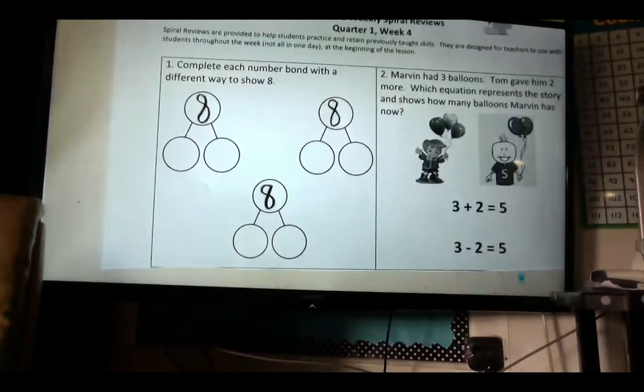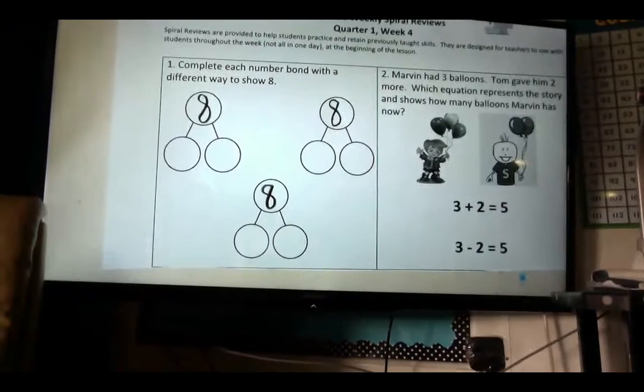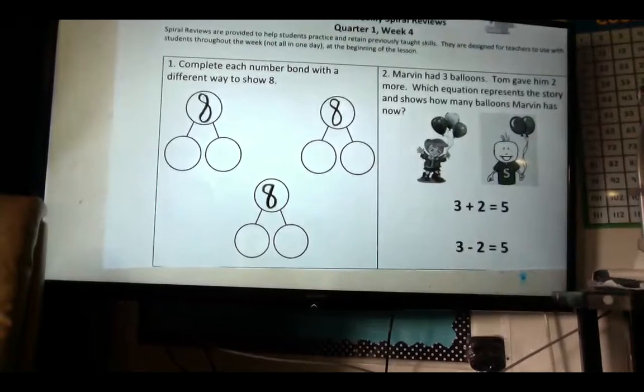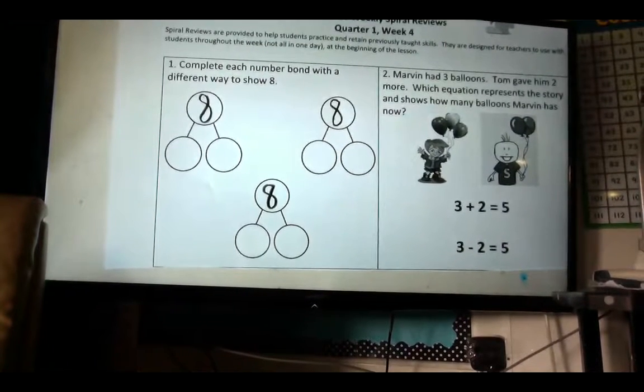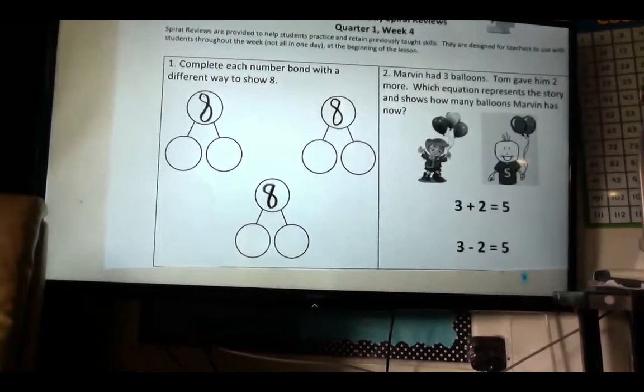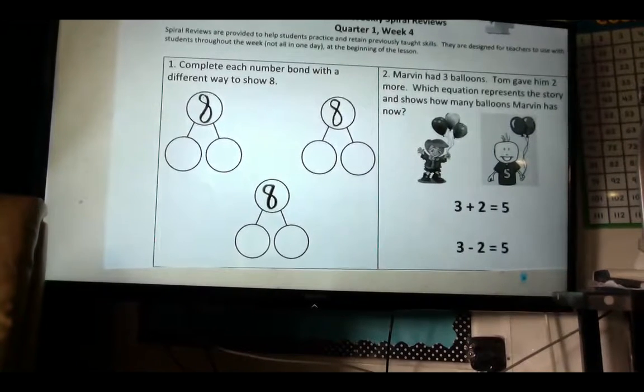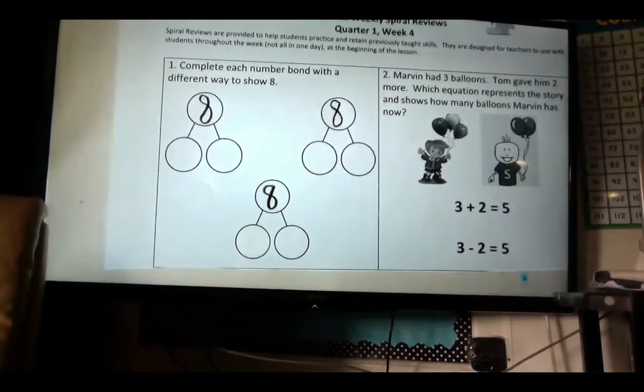Welcome back, friends. There are lots of different ways that we could make 8. I'm just going to show you 3. You might have different answers than me, and that's okay. Well, one thing that I know about 8 is it's part of a double fact. I know that if I put 4 and 4 together, I can equal 8.